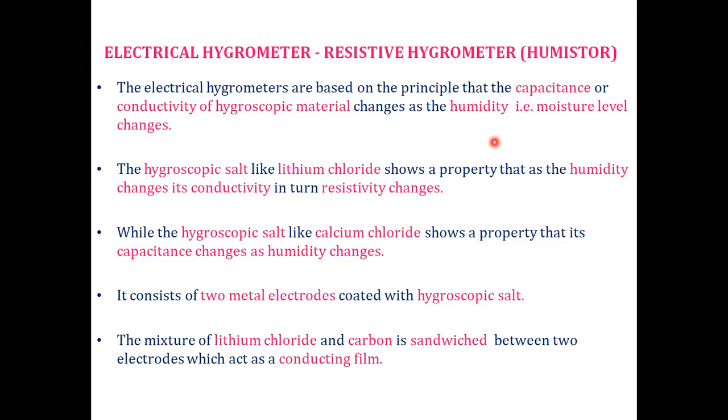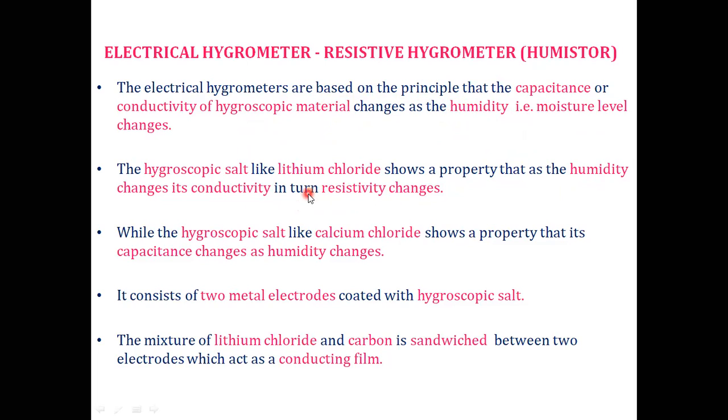Here electrical hygrometers are based on the principle that the capacitance or conductivity of hygroscopic material changes as the humidity, that is moisture level, changes. The hygroscopic salt like lithium chloride shows a property that as the humidity changes, its conductivity, in turn resistivity, also changes.